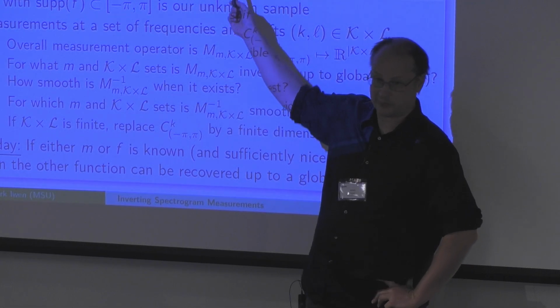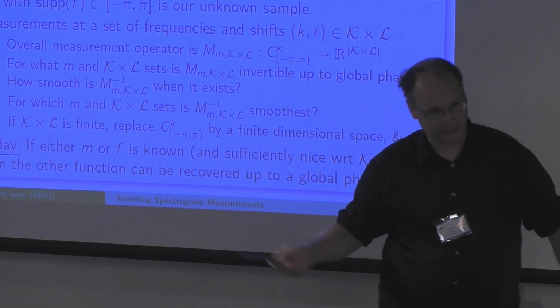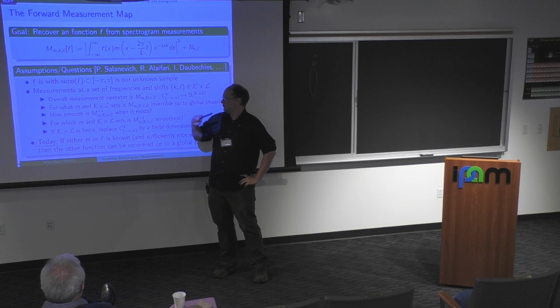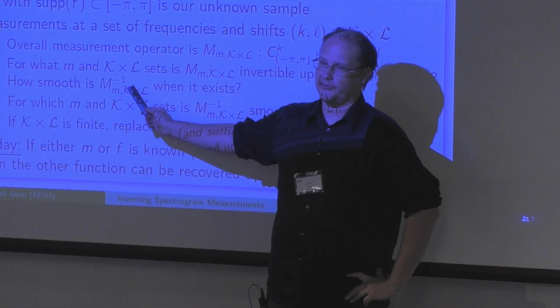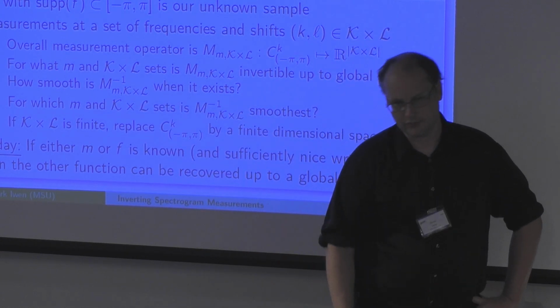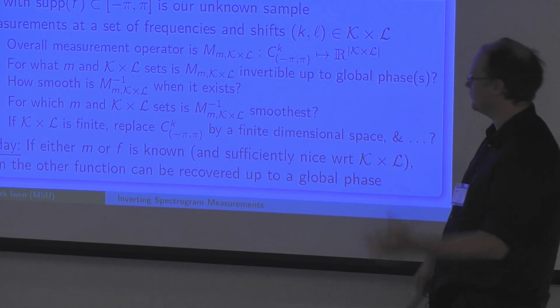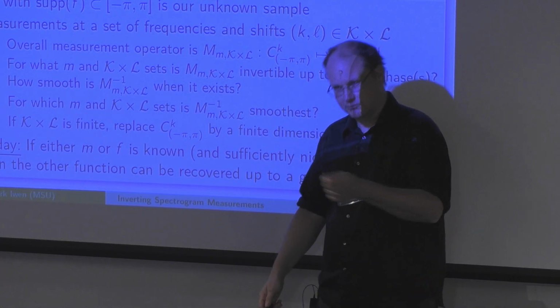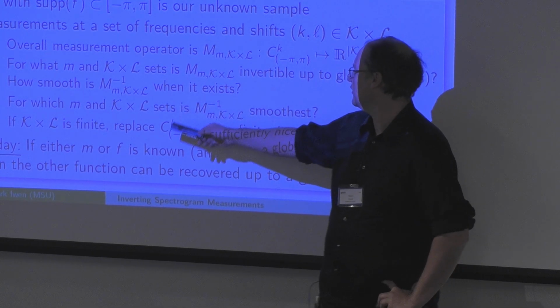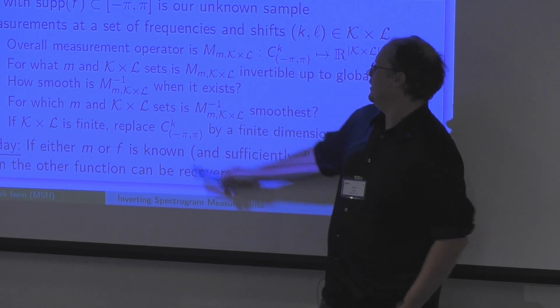Clearly the zero mask is a bad choice, so you can't use anything, right? So when do you even have something that's invertible? When you do have an invertible set of measurements, how smooth is it? I'm going to argue that we should care about how smooth it is. I mean, hopefully it's kind of obvious, but I like to repeat obvious things multiple times, so I'll talk about that a little bit more.